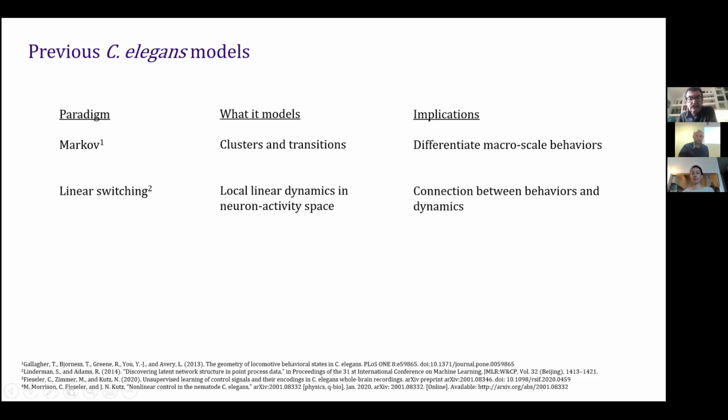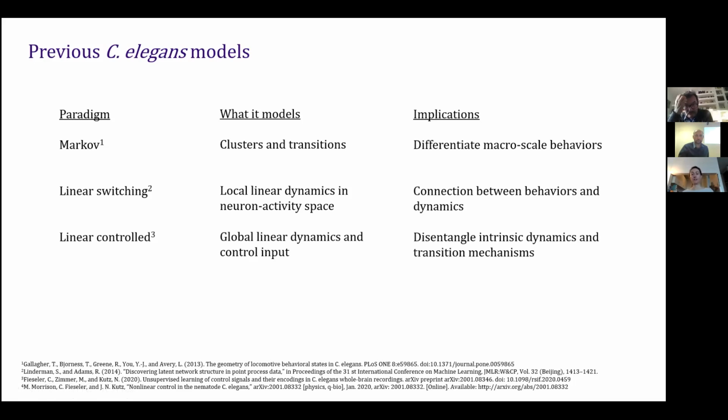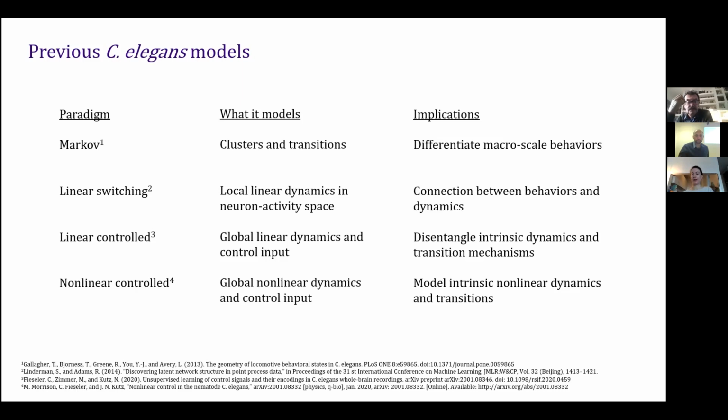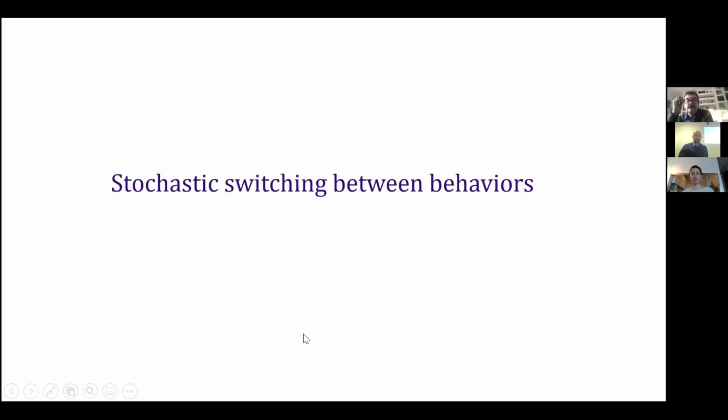This model makes a connection between the behaviors and the dynamics. There's linear controls, which disambiguates the control mechanisms in the neural dynamics and the more intrinsic dynamics. And then what I work on, which is nonlinear control, which is this global nonlinear model instead of having a patchwork of different linear models. It's just a single model.